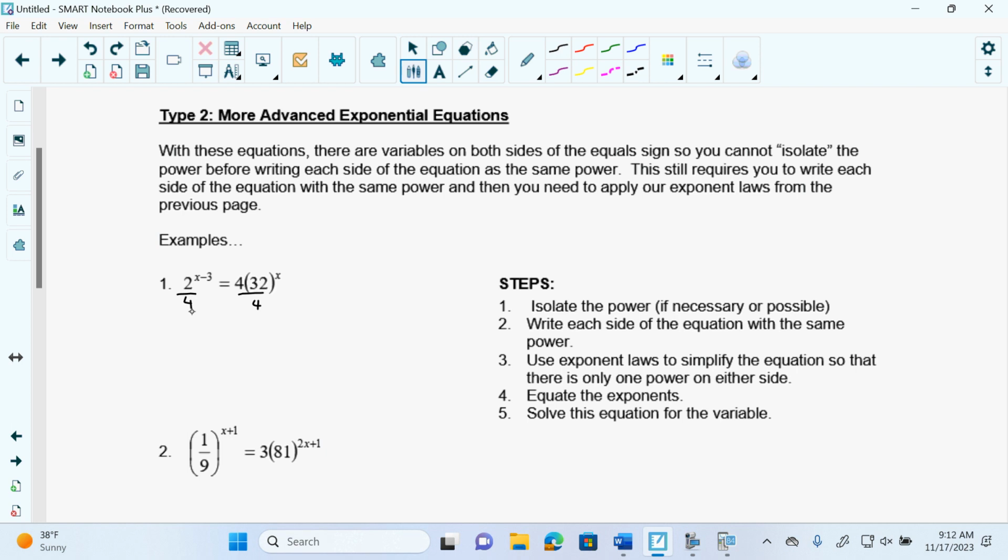So you cannot make these join. You cannot divide that over and fix the problem. But what can you do to all three of these numbers? Make them base 2. So, this is 2 to the x minus 3 equals 2 squared times 2 to the 5x.